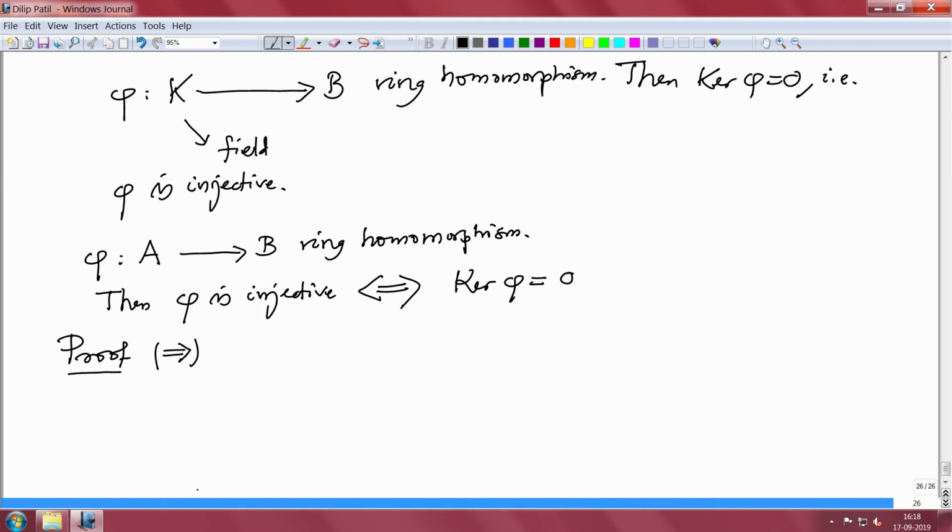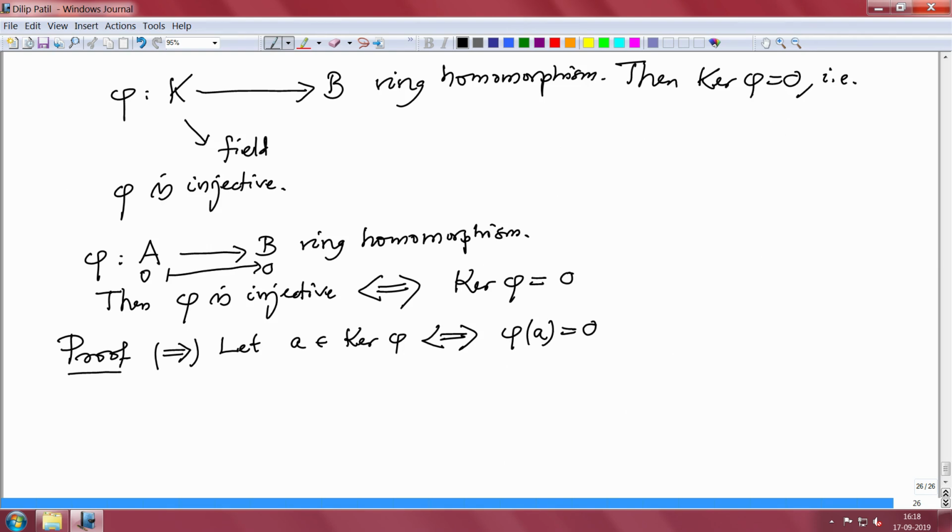This way first. Suppose phi is injective, then I want to prove the kernel of phi is 0. So let some element A be in the kernel of phi, but that is equivalent to saying phi of A is 0. But phi is injective, and also we know it is a ring homomorphism, so 0 goes to 0.